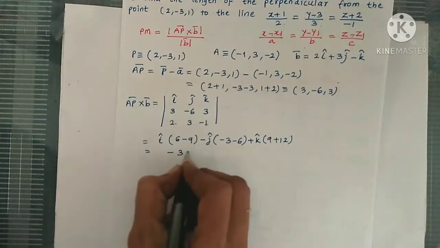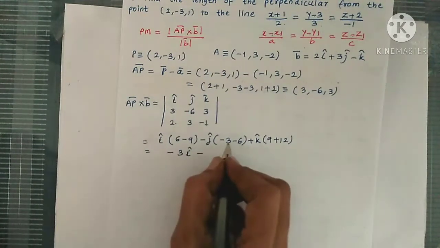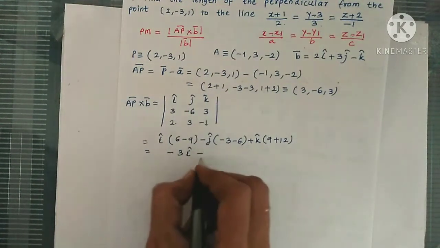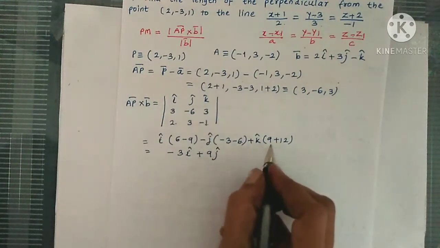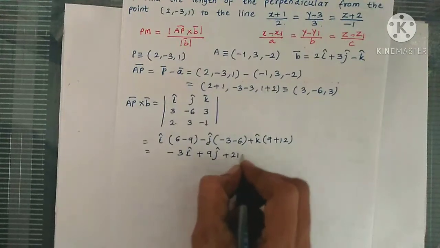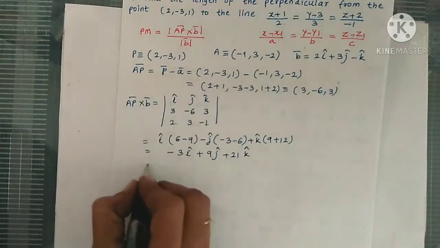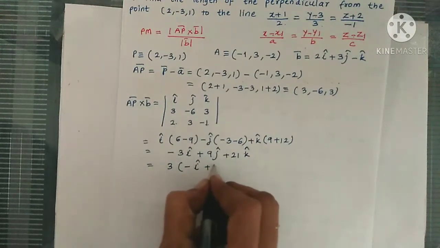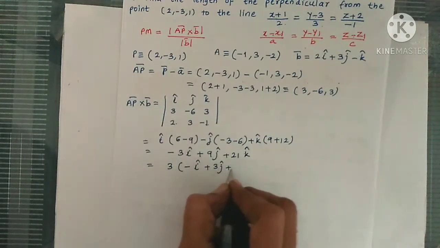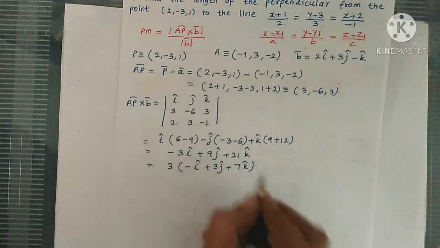So that is minus 3 i cap. This gives us minus 9, and multiplying by the minus sign here again, plus 9 j cap plus 21 k cap. So if we take 3 common, we have minus i cap plus 3 j cap plus 7 k cap.